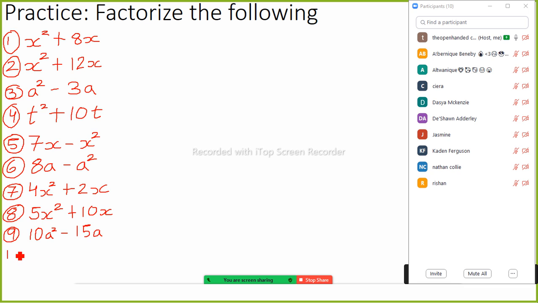Number 10: 4p plus 12p squared. Number 11: 7x squared minus 21x.